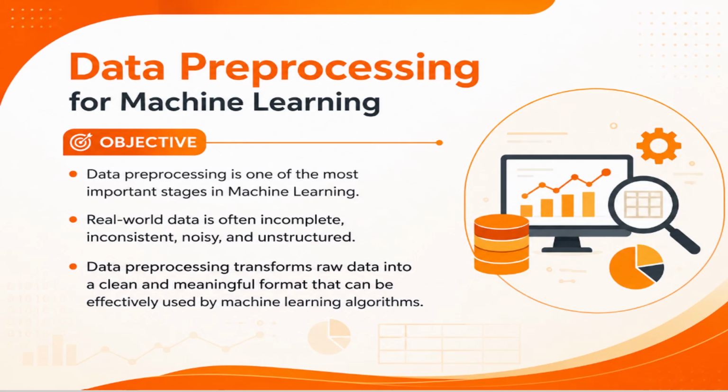Next we will see data pre-processing in detail. Data pre-processing is an important basic step in machine learning. Often the real world data is incomplete, inconsistent, noisy and unstructured. So you need to clean the raw data into meaningful data so it can be understood by machine learning algorithms. Like the simple example I told you, calculating students' average marks.